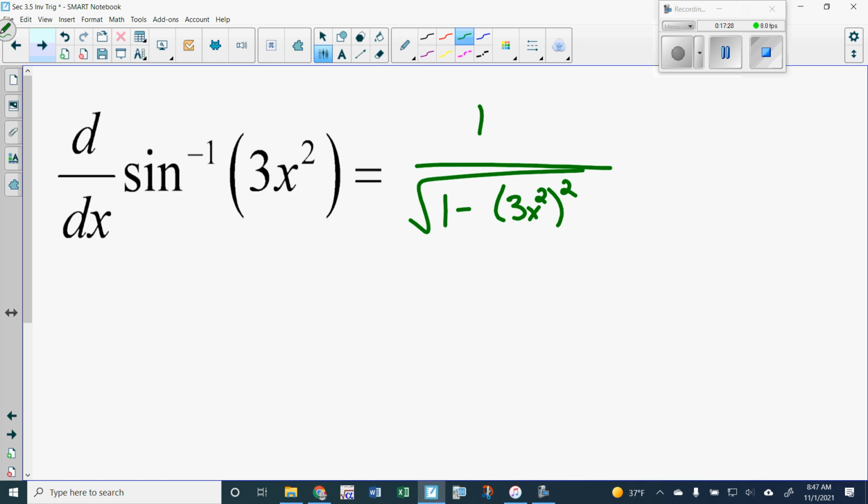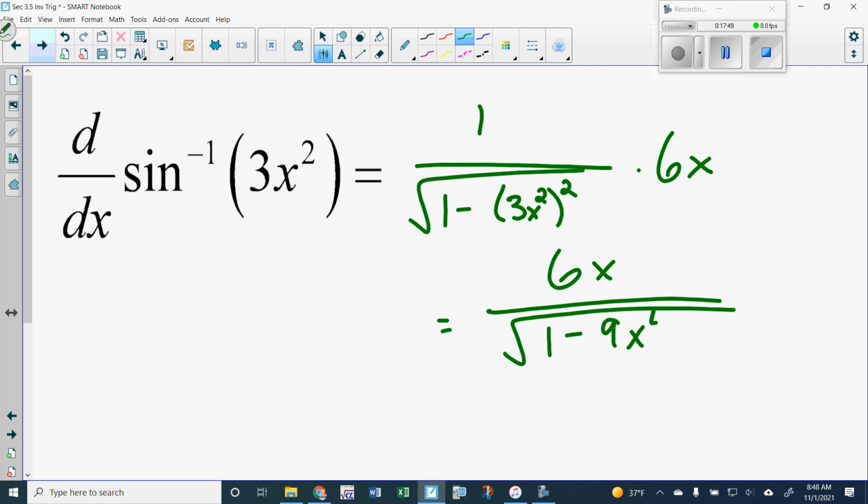So the derivative of the outside, inside stays the same, times the derivative of the inside. You could put 6x on top, makes me feel better, if you want to do that. And if you really wanted to, you could also get rid of the squared on the bottom. Okay, all right. So now you're just using chain rule, all that kind of stuff.